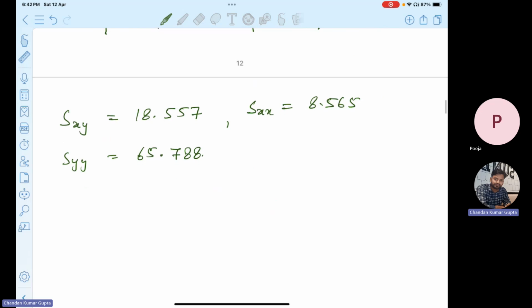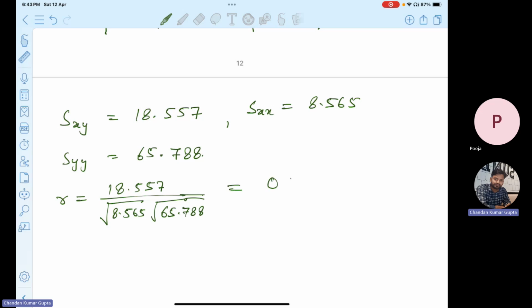So the next step is to calculate R, which is Sxy, 18.557, divided by the square root of 8.565 times the square root of 65.788. Just use a calculator or some software to solve this.